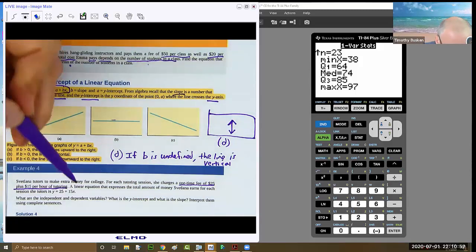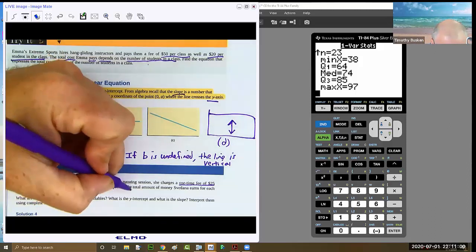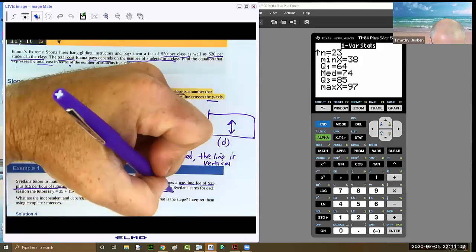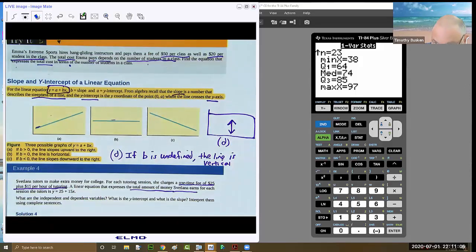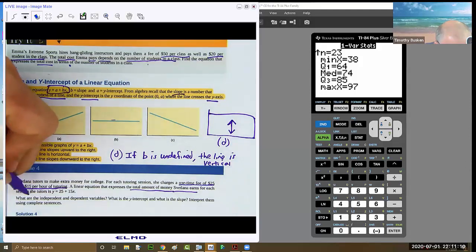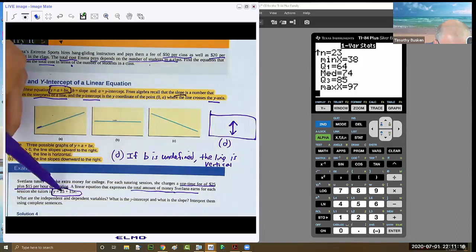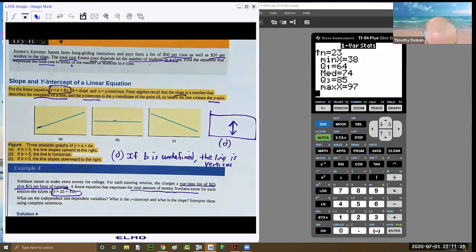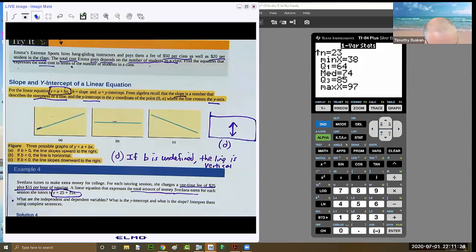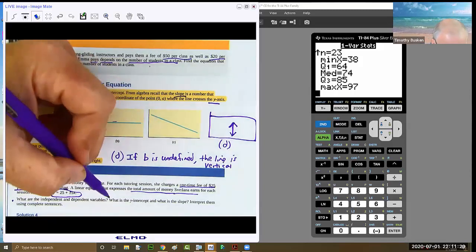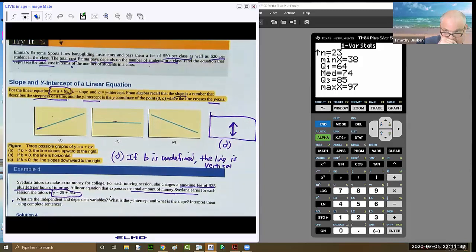A linear equation that expresses the total amount of money that Svetlana earns, her revenue, for each session she tutors is given by y equals 25 plus 15x. This time the question is, what are the independent and dependent variables? And what is the y-intercept and what is the slope? Interpret them using complete sentences.